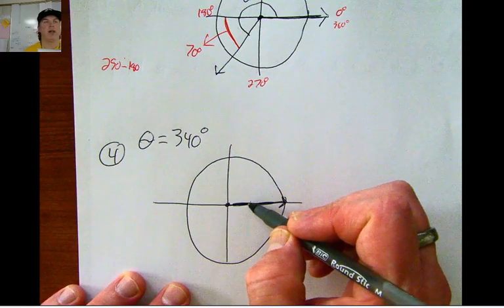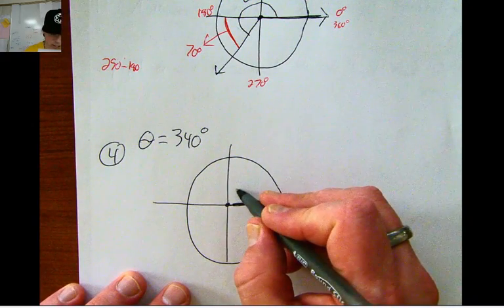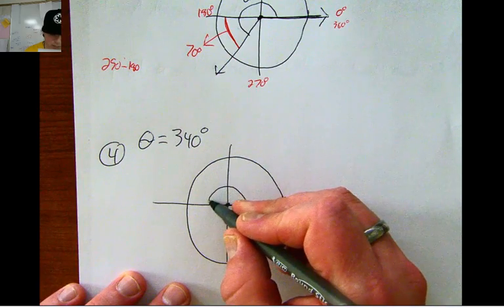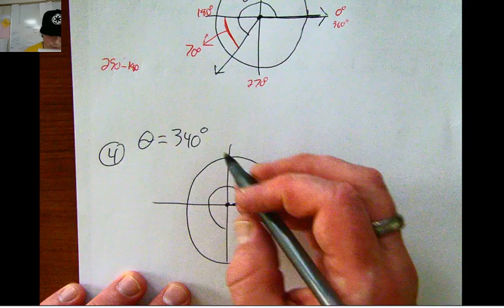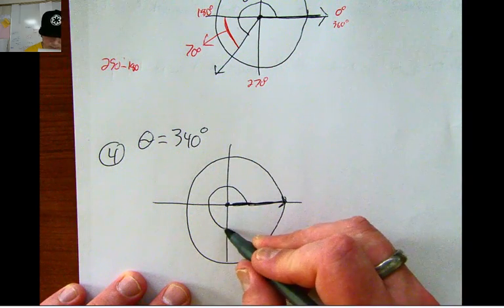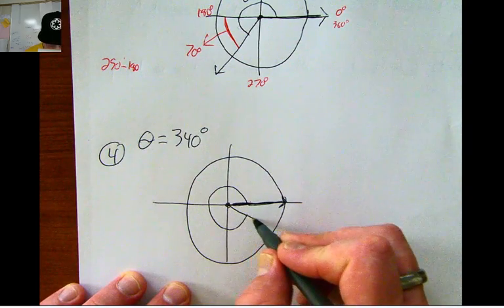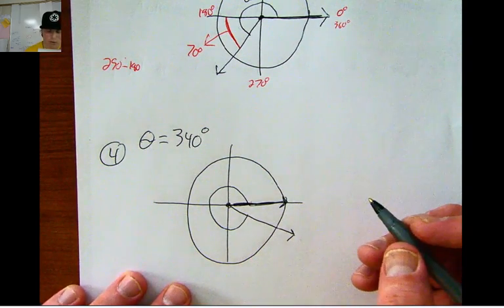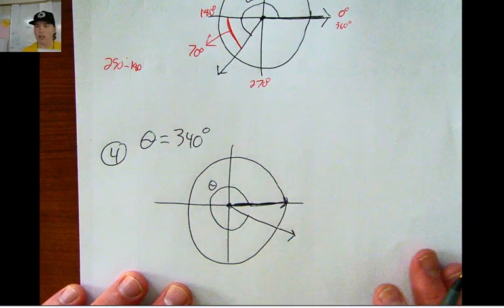Always travel counterclockwise. 90, 180, 270, 360, or 360 is the end, so 340 is pretty close, maybe about there. And then we draw in our terminal side. So 340 degrees, that's our theta.